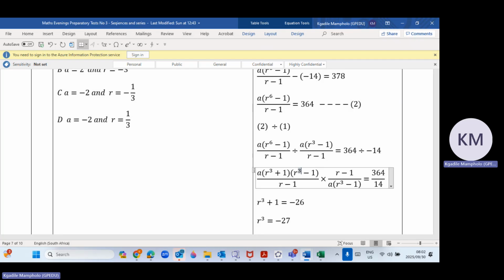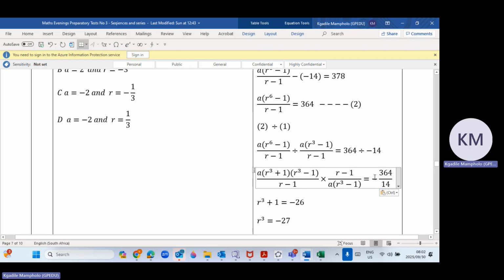Let's correct it, because here this will be a difference of two squares. Then this bracket cancels this one, and a cancels a. Then we'll remain with r to the power 3 plus 1, and this one divided by this gives the negative answer.